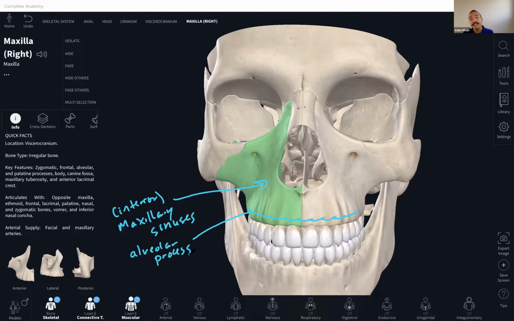If you were to pull one of the teeth out and look at the space that the tooth is in, the term for the socket is an alveolus. That's true for both the maxilla and the mandible. We've seen the word alveolus before for the lungs. Those are air sacs. Here is a socket for a tooth. Same word, different instances.